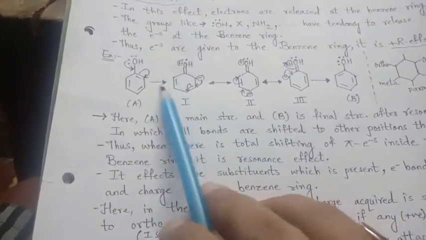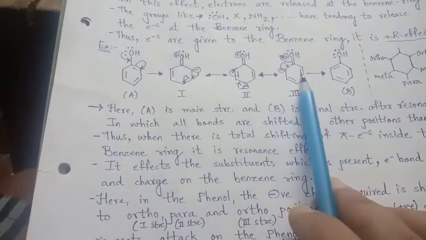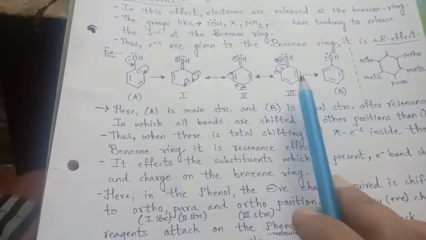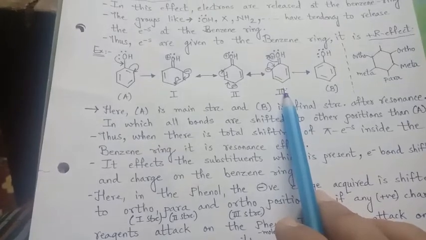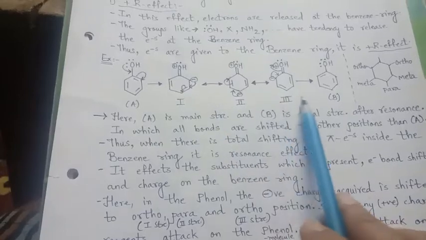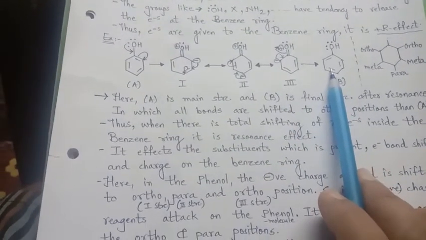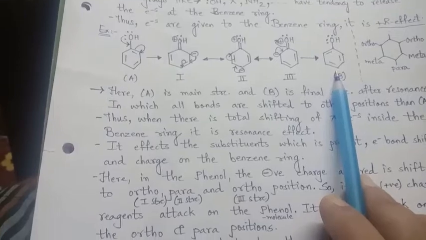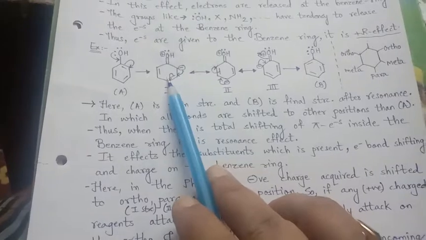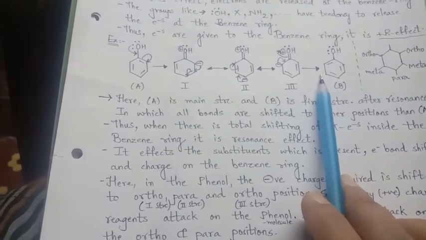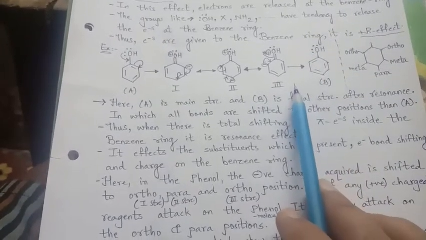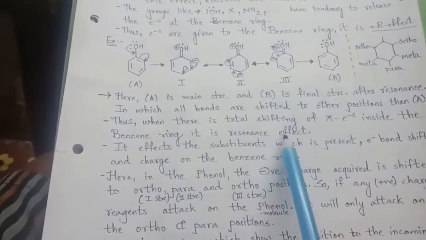And please keep this resonance in mind, because the reactivity and stability of the organic cyclic compounds which undergo resonance is based on these resonance structures, and many reactions, even in 11th standard and widely in 12th standard, are based on this resonance effect, right? So please have a little patience and read this effect again and again, right?